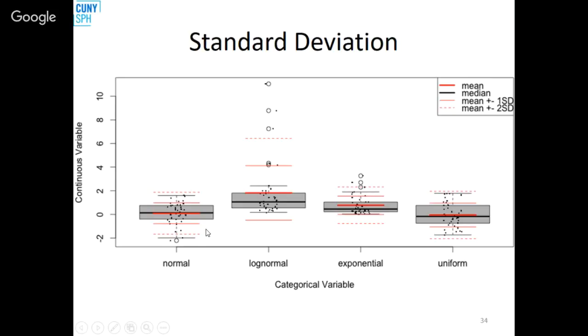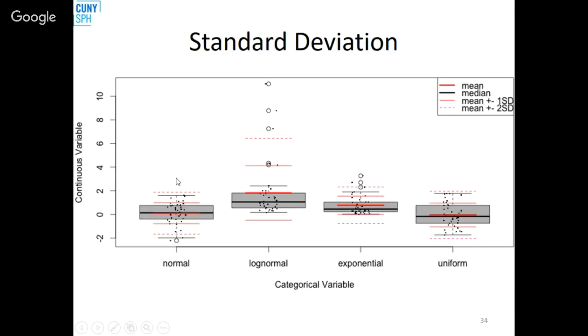So on top of this plot, where I had put before the means, I've also added the standard deviation, so that you can see on the normal distribution, the standard deviations are pretty close to the interquartile range, which is kind of convenient.